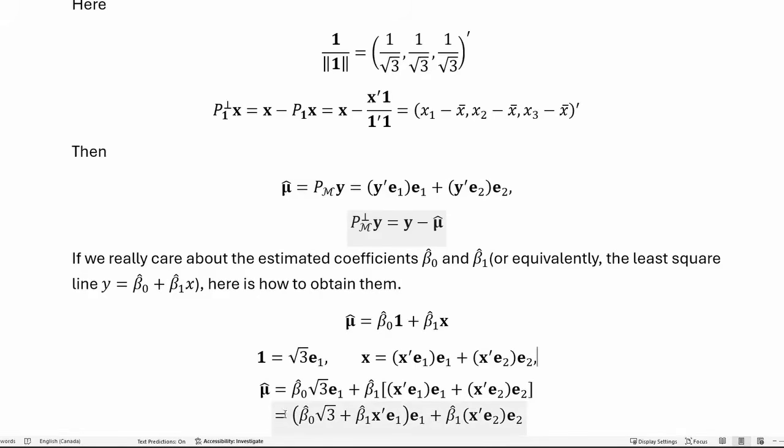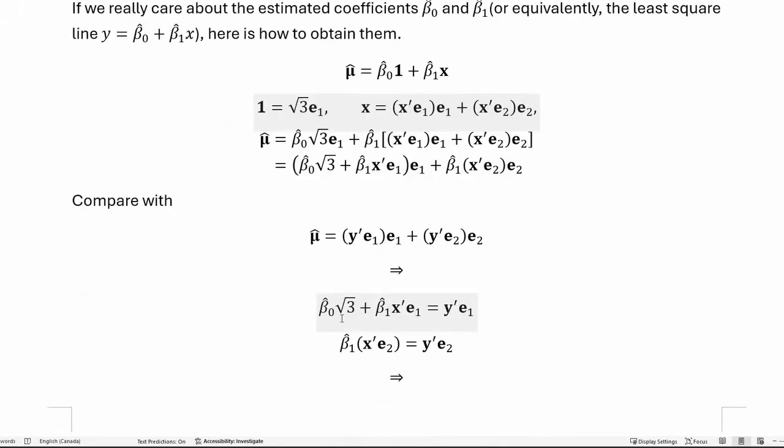And then we can simply compare this expression to the expansion of mu hat relative to the orthonormal basis earlier. Because the expansion is unique, the corresponding coefficients must be the same. Therefore, we have beta hat naught square root of 3 plus beta hat 1 x prime E1 equals y prime E1.